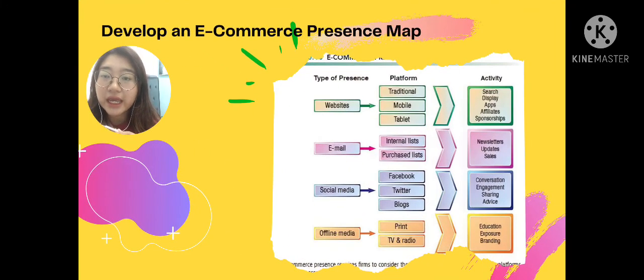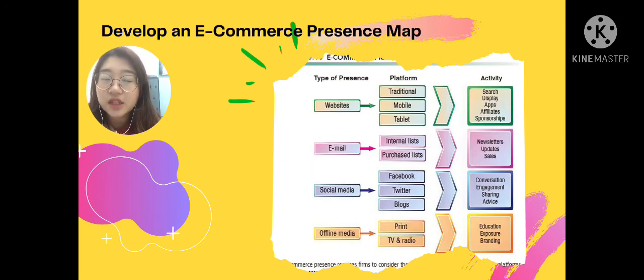The next topic is develop an e-commerce presence map. This is a map called Figure 10.10. E-commerce itself has moved from being a PC-centric activity on the web to a mobile and tablet-based activity. The potential customer uses these various devices at different times during the day and involves themselves in different conversations.